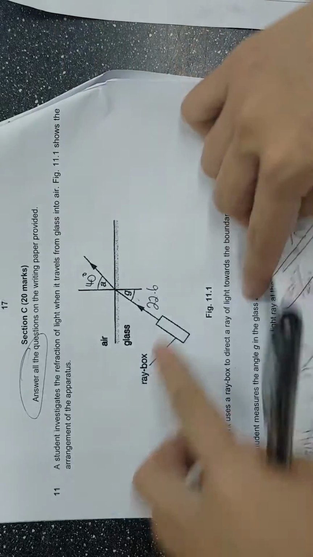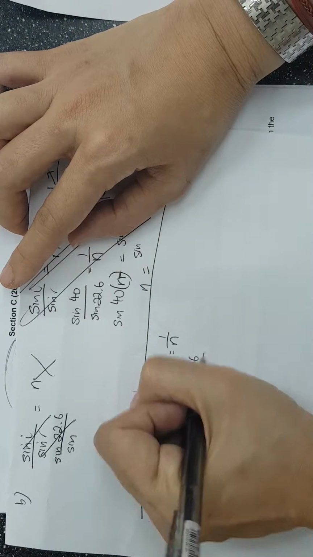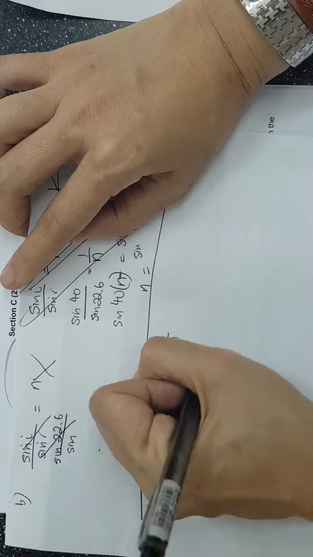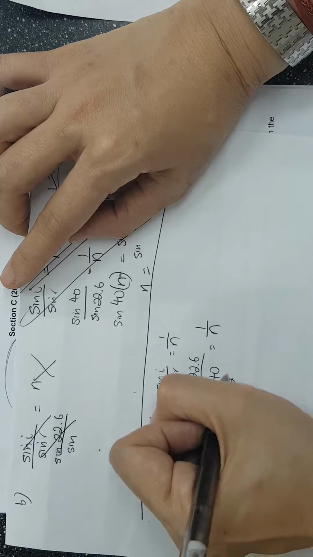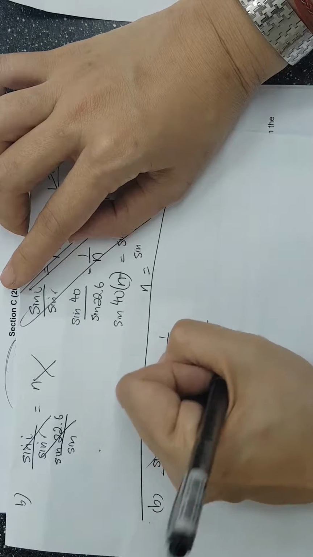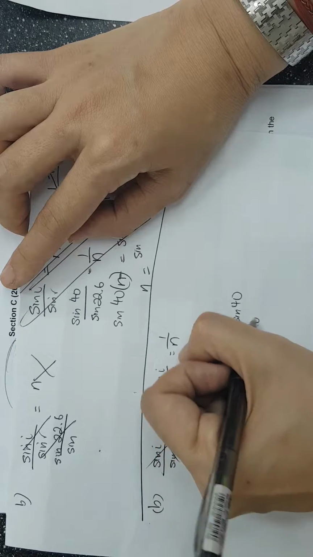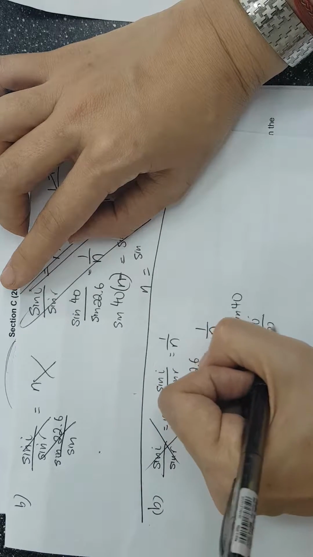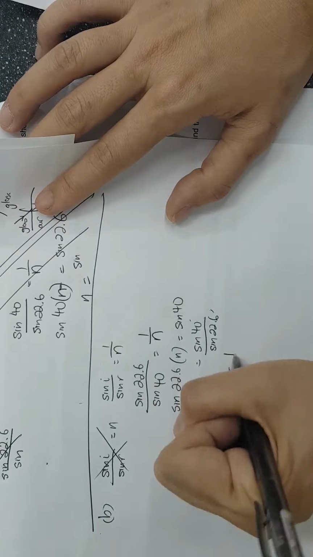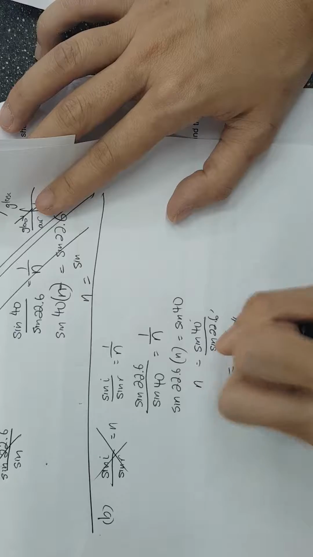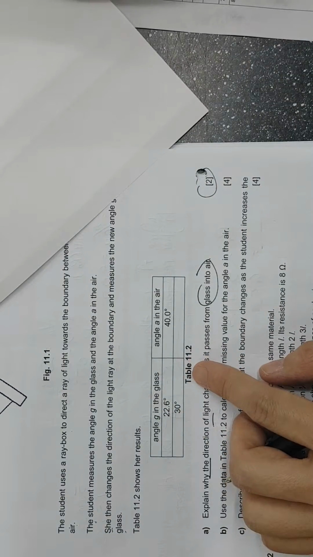Yep. i is 22.6, r is 40. n, cross multiply. n will be equals to sine 40 over sine 22.6. The answer will be 1.67.